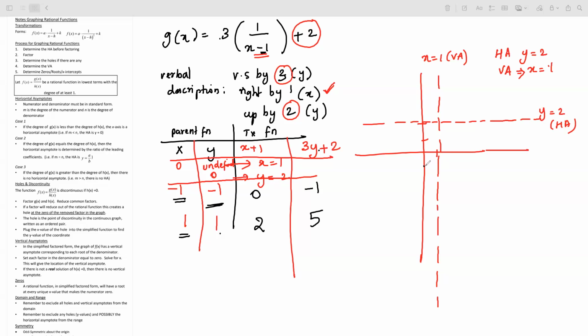I want to plot in a different color. 0, comma -1. Then the other point is 2, comma 5. You see, guys, how it changed? So this is my graph. Any questions here?